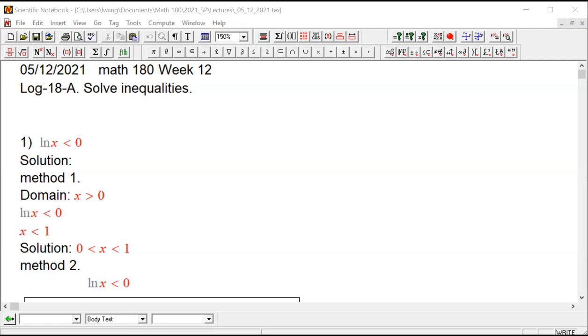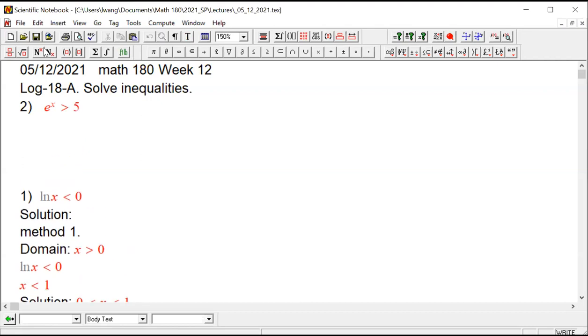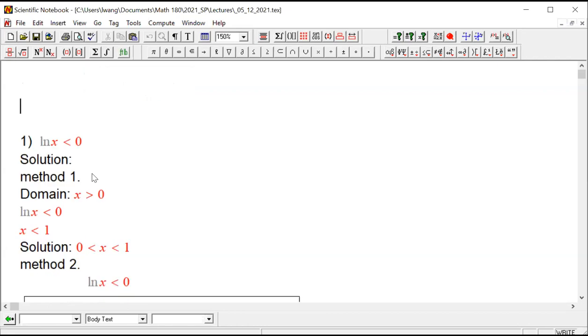So let's look at this, 18A. How about number 2? Number 2, we have e to the power x is larger than -5. e to the power x is an increasing function.